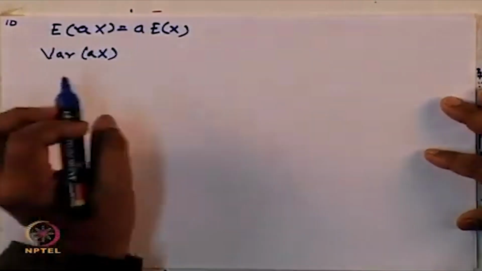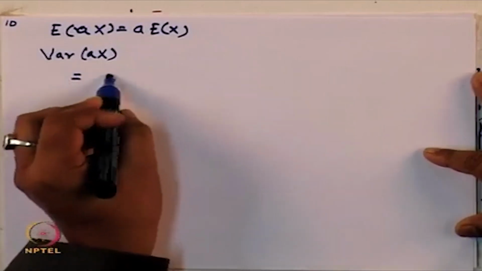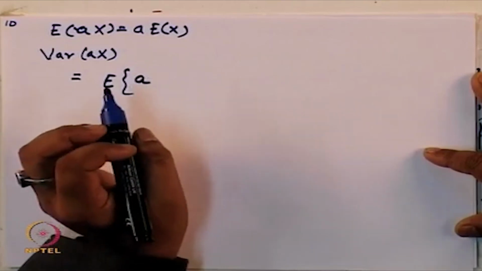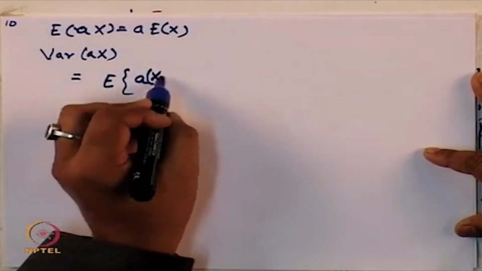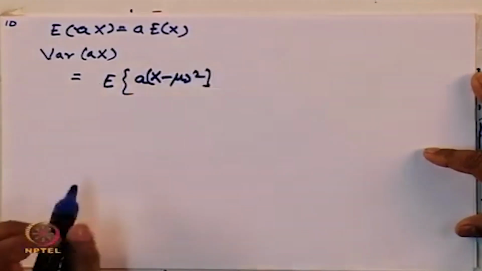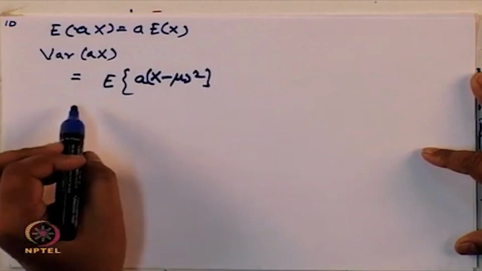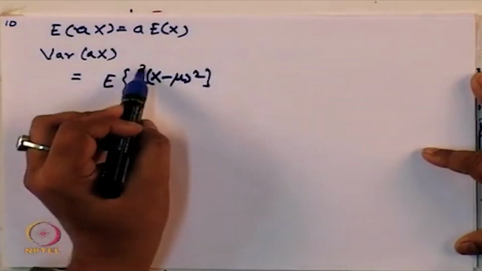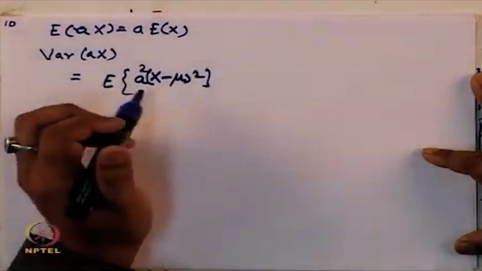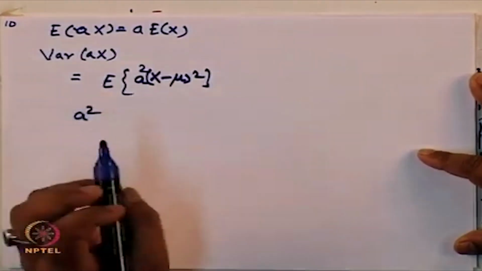It is expectation of A into x minus mu whole square, so you can take out the A square term.